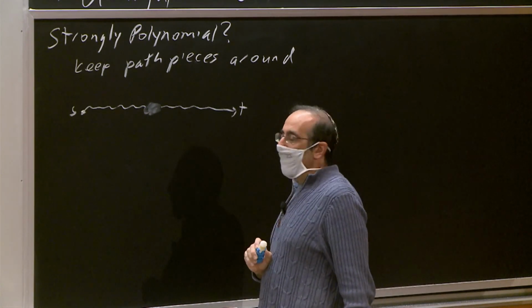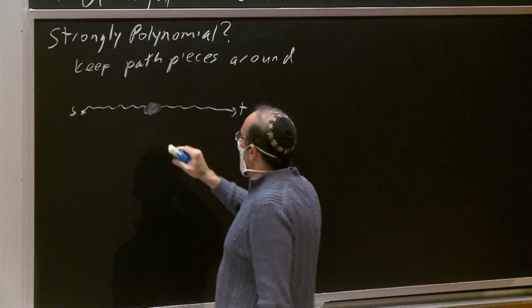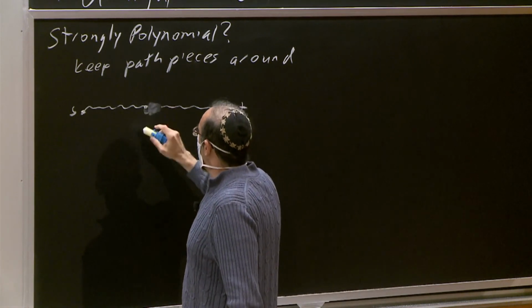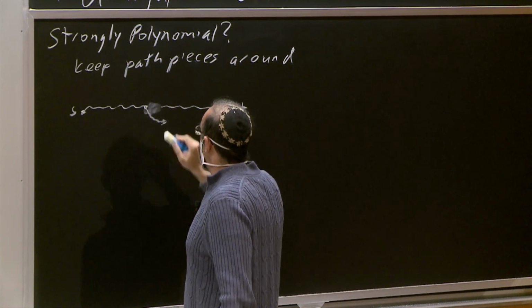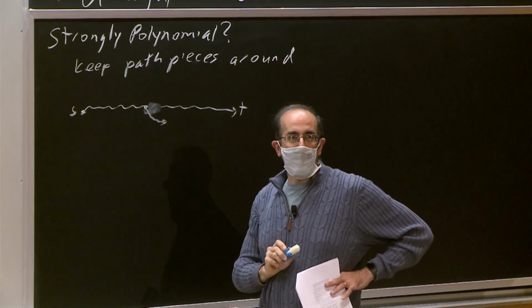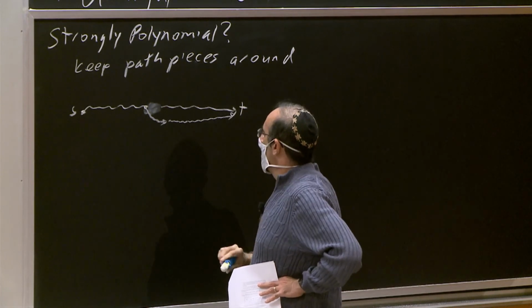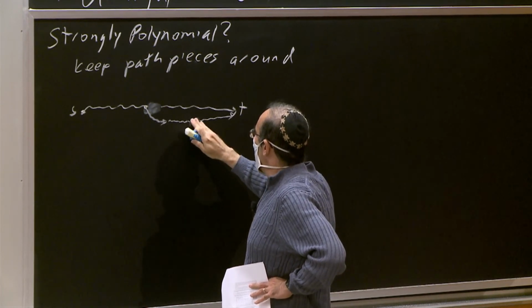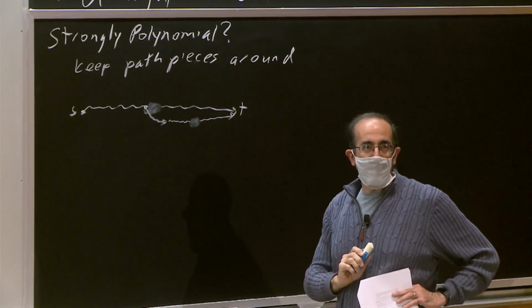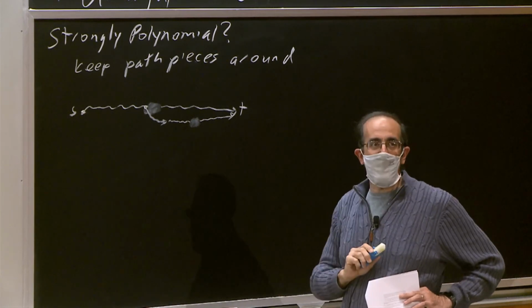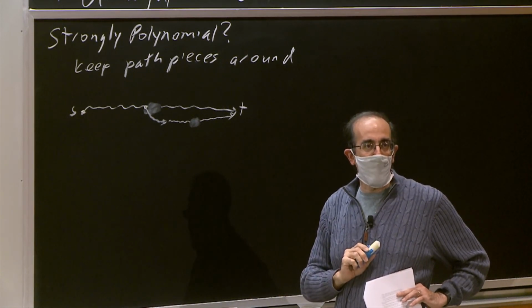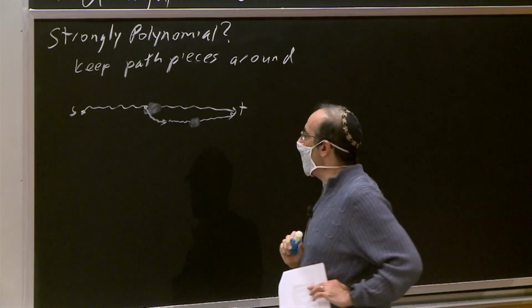Now, instead of starting again from S, we're actually going to start from here and try to explore in another direction. And maybe we will find another path to T, and when we saturate that, we'll delete something else. But we'll still have these pieces of paths around. And we want to keep them.